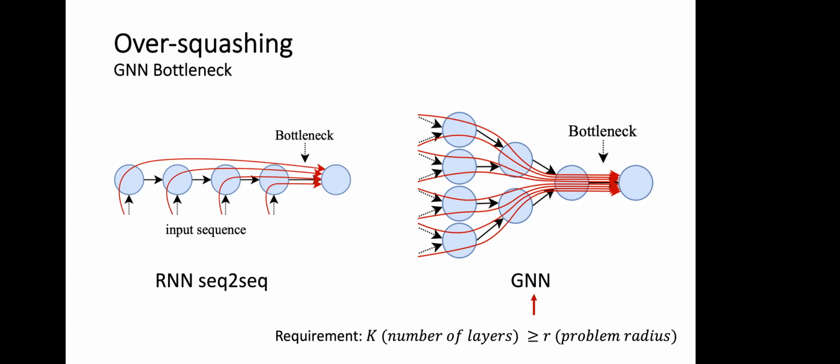And in RNNs, the receptive field of a node grows linearly with the number of recursive applications. However, in the graph neural network, the bottleneck is explicitly more harmful because the receptive field of a node grows exponentially. As we can see in the figure, the red arrows mean the receptive fields of a node. It can grow exponentially.